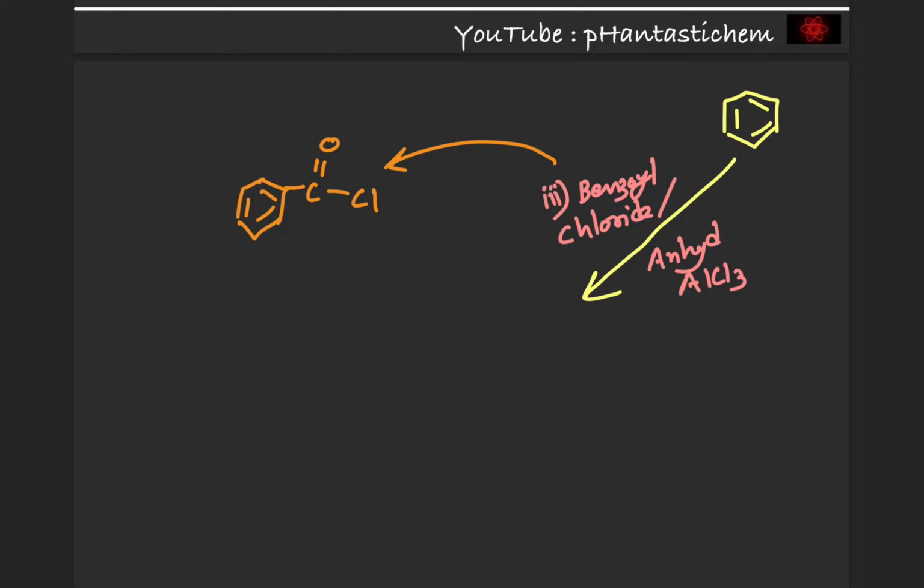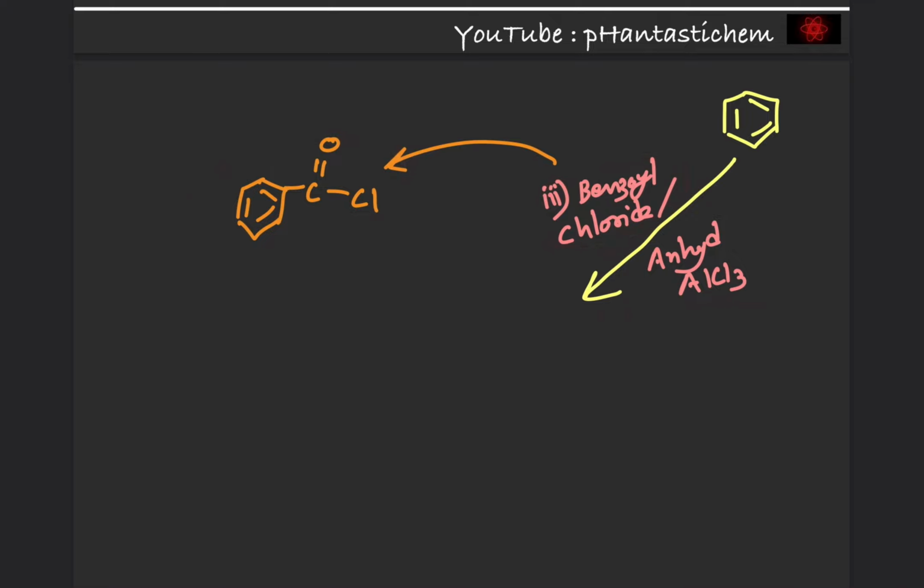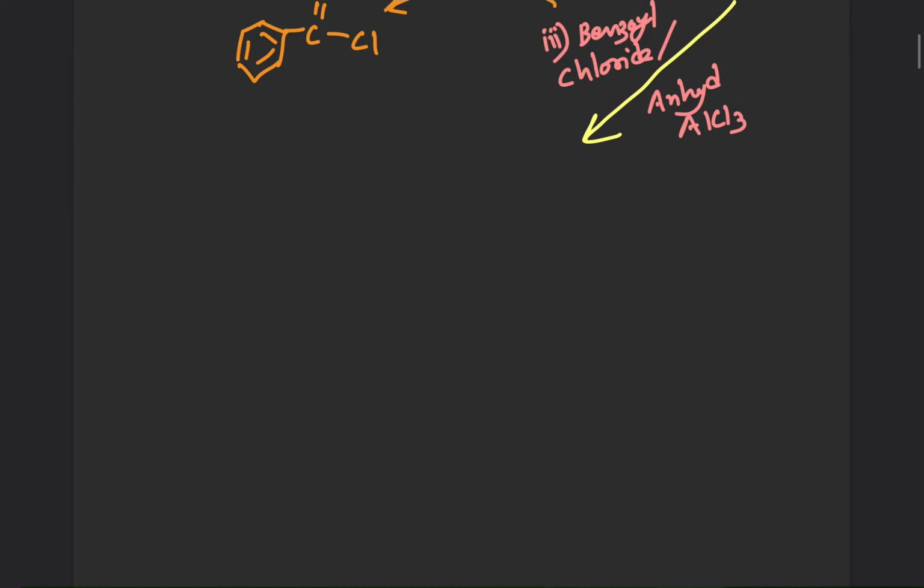Okay, so we should know that benzene reacts with acid chlorides. In our case, the acid chloride is benzoyl chloride, in presence of anhydrous AlCl3 to form aromatic ketones. Okay, very important, which is our famous Friedel-Crafts acylation reaction.